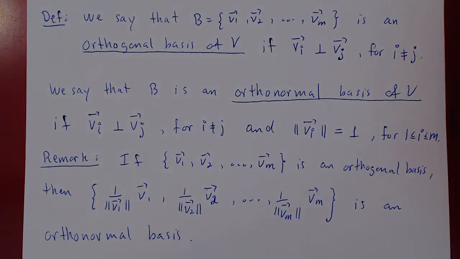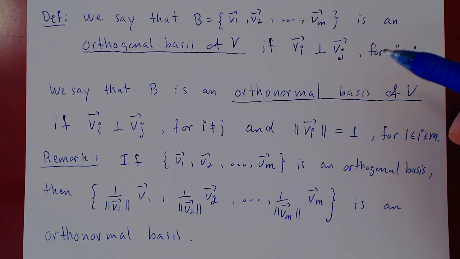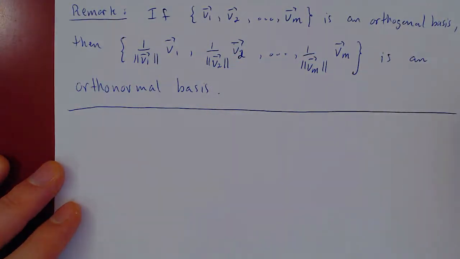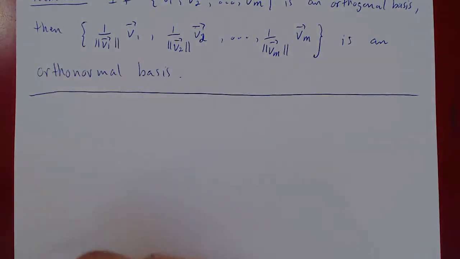Okay, so now the question is, if we have an orthogonal basis, and we want to express a vector u as a linear combination of these m basis vectors, how can we avoid having to solve the linear system? And this will be a little theorem, and the proof I will leave up to you. The proof is really short.